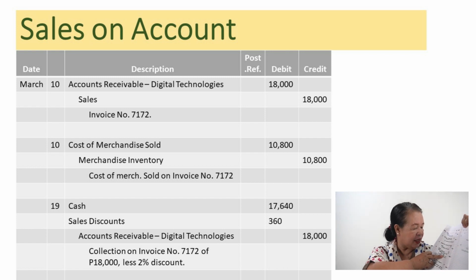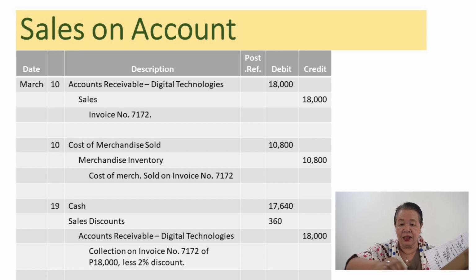No, anong kinredit natin? Yung accounts receivable natin na 18,000. Kasi sa 18,000 na kinolekta natin, yung pautang natin, ang binayad na kas 17,640 lang at yung discount is 360. No, kasi nagbigay tayo ng discount. So, yun po yung ating transaction for the month of March.